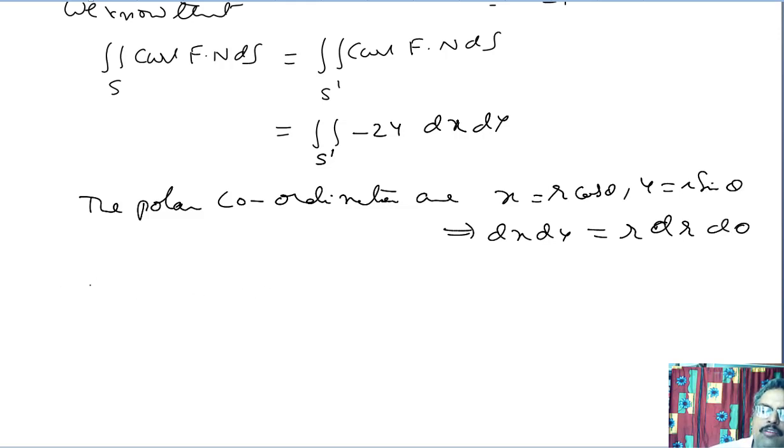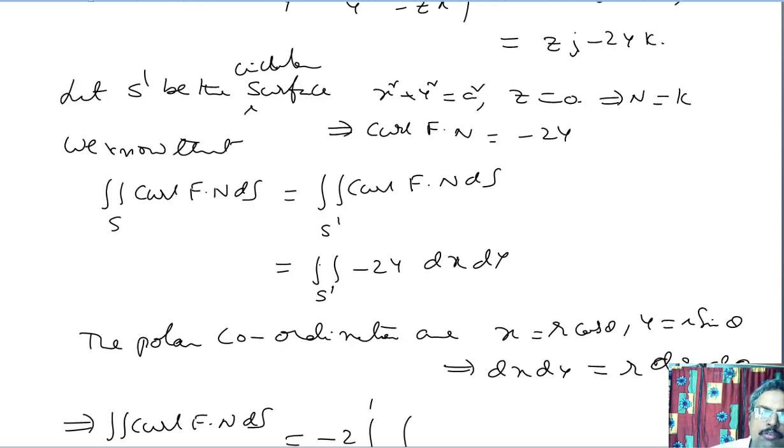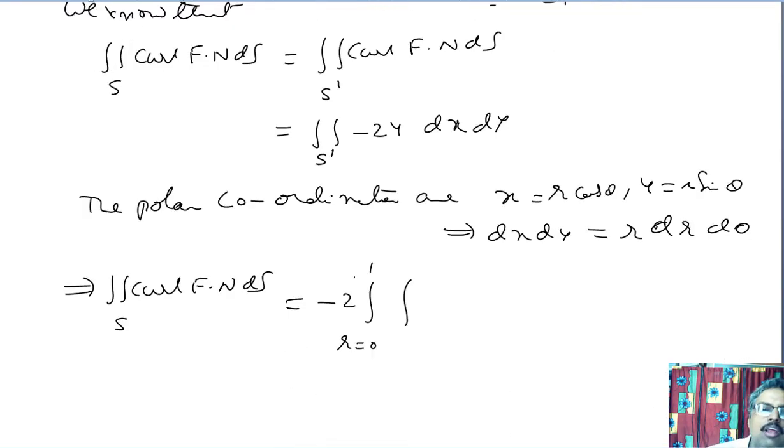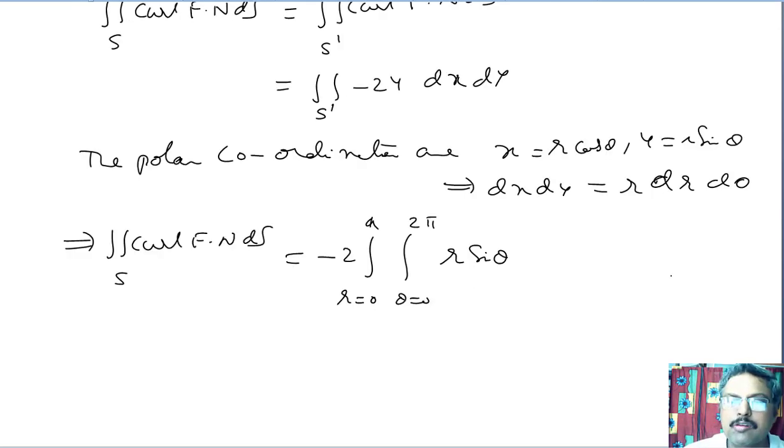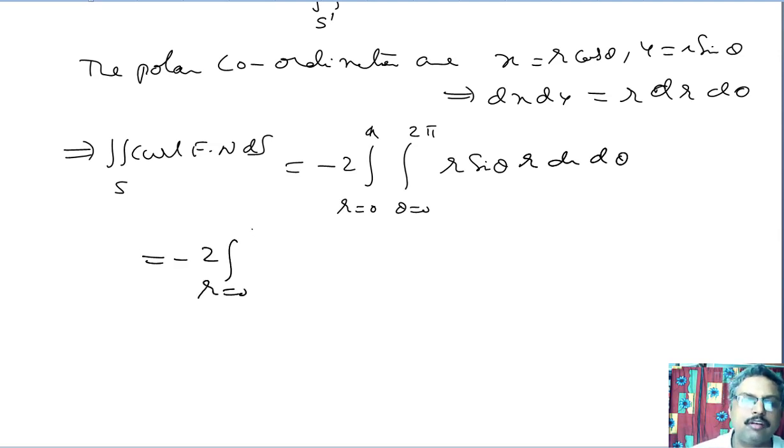So the double integral of curl F dot n dS over the surface S equals minus 2 into the integral with radius 0 to 1, or a, and angle 0 to 2 pi. So y is r sin theta, and dx dy is r dr d theta. First integrate with respect to theta.